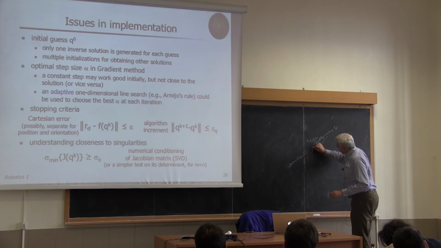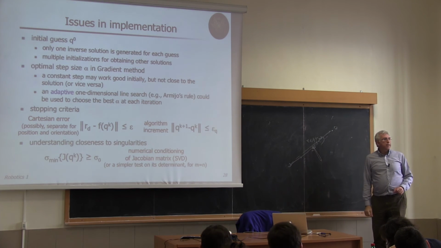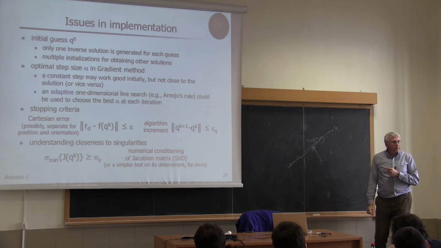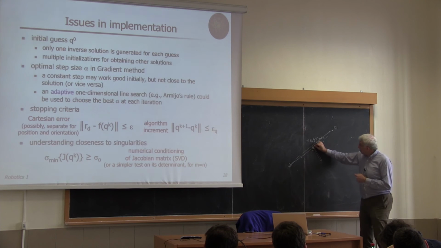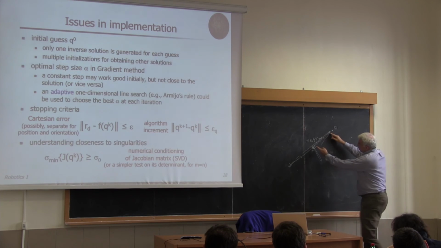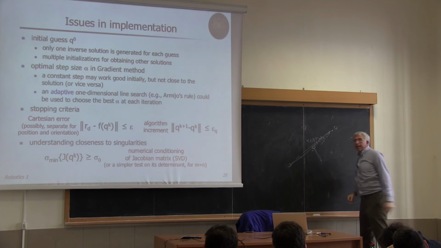Now, suppose that you are in this configuration. Is this a singular configuration? Yes, because it's folded. The determinant is 0. But the error is smaller, but it's in the same direction as before.